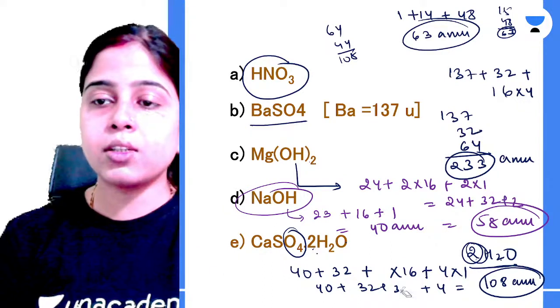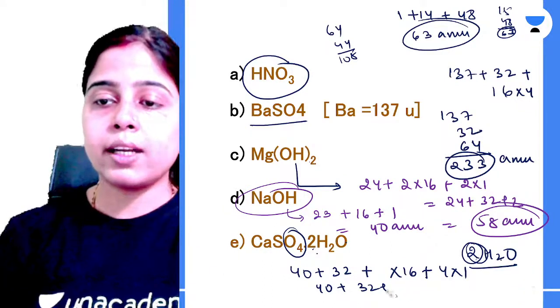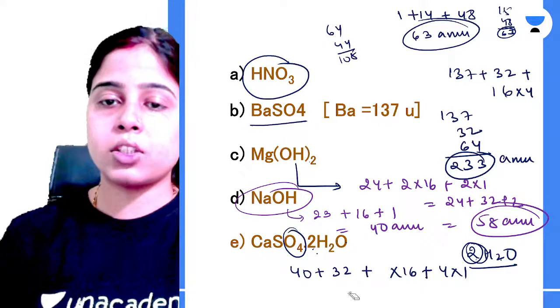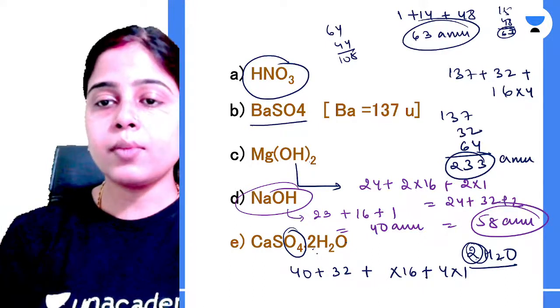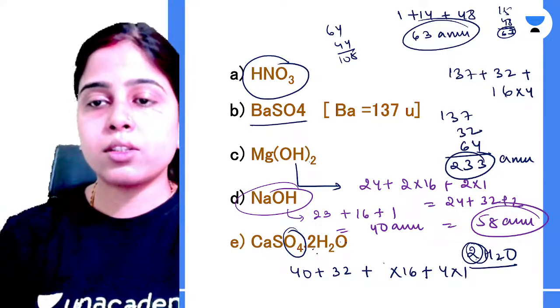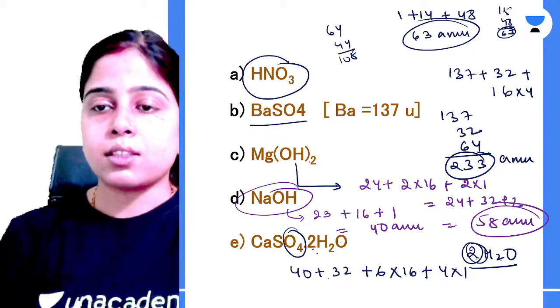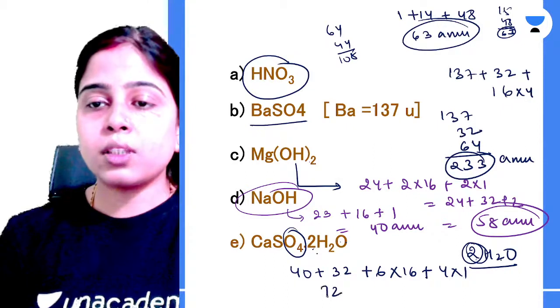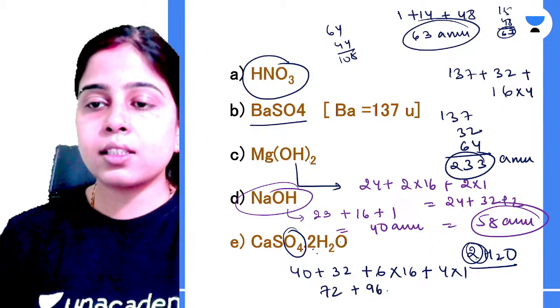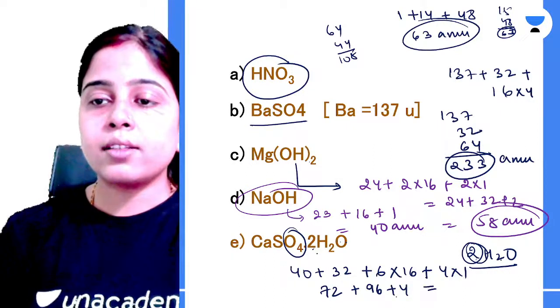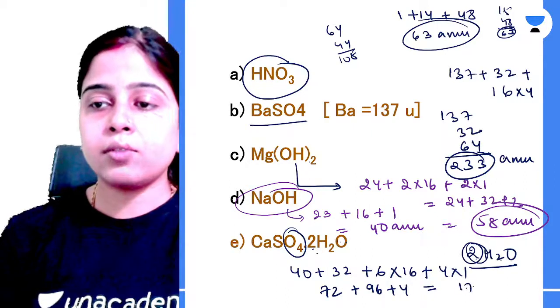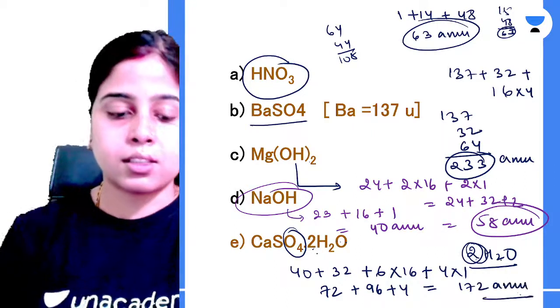So it's not 108 AMU. Very sorry for the calculation error. In this case 4 plus 2, 6 oxygen you have, 6 times 16 is 96. So 40 plus 32, 72, plus 96, plus 4, you get 172 AMU as the correct answer.